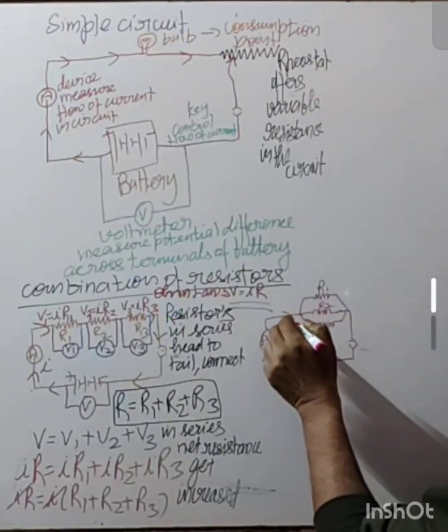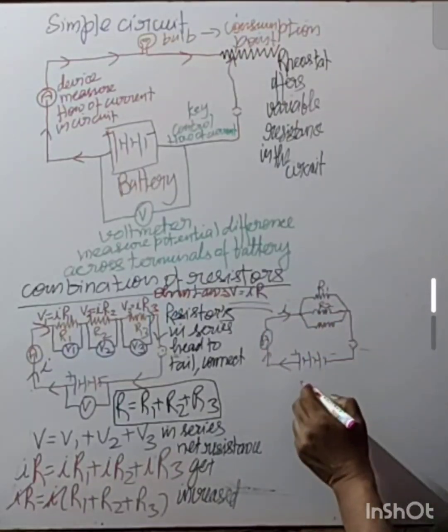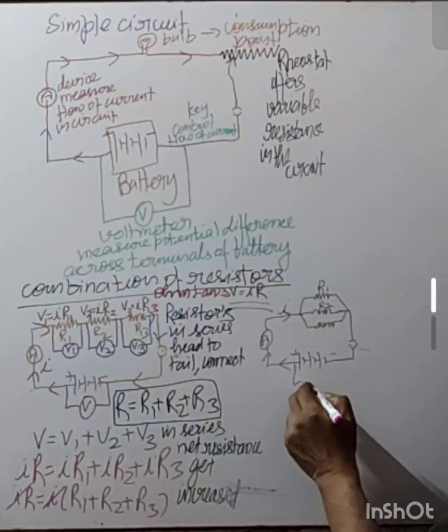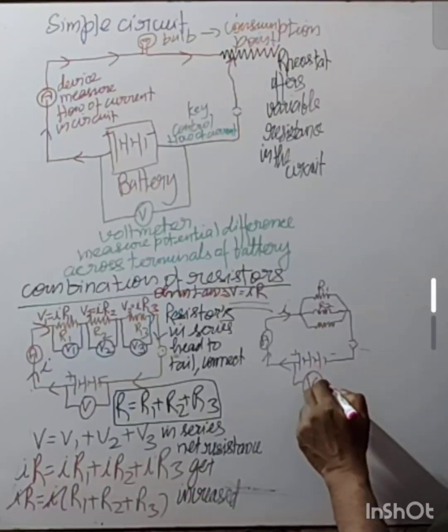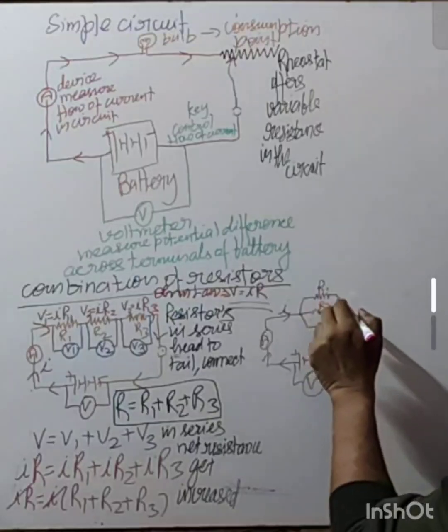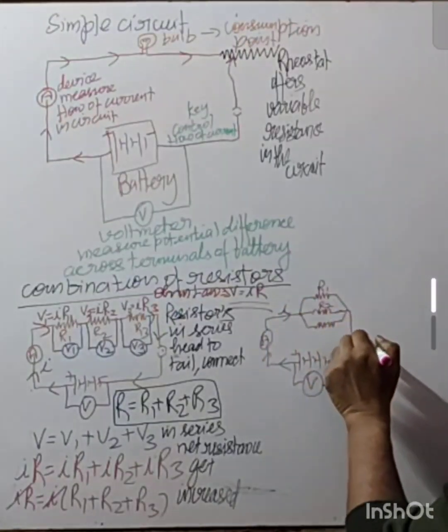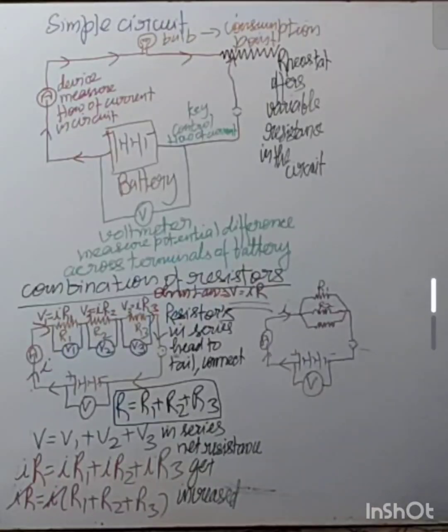This circuit completes, so current I is flowing in the circuit. Potential difference across the terminal of battery is V. Current I is entering and current I is coming out.